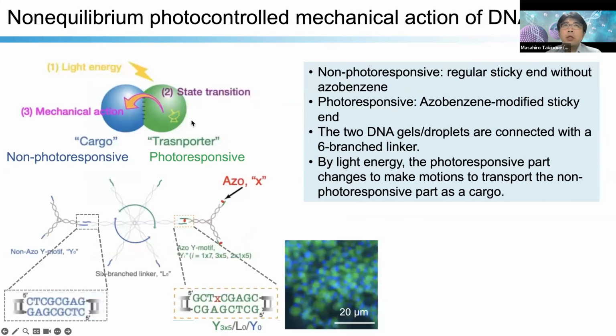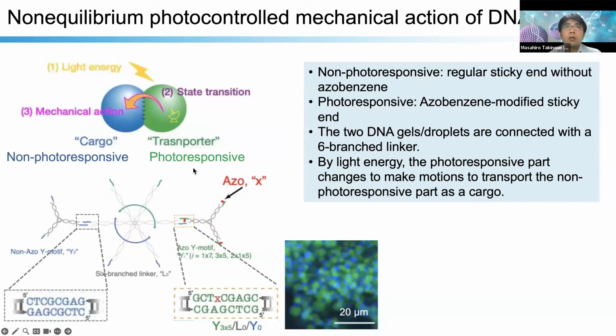So based on this photo controllable system, we created the mechanical action of the DNA droplet controllable by the photoirradiation. So this part is a non-photoresponsive DNA hydrogel, I mean the usual DNA hydrogel system or DNA droplet system.